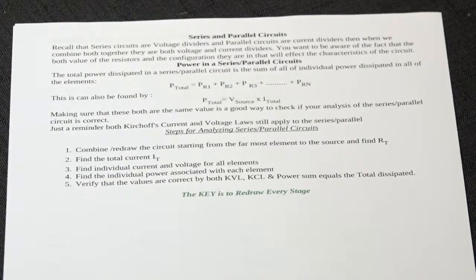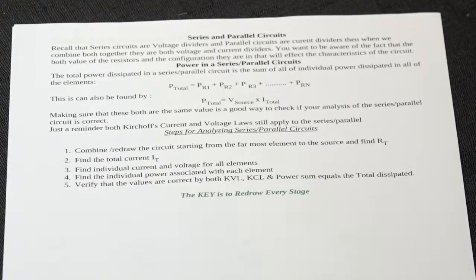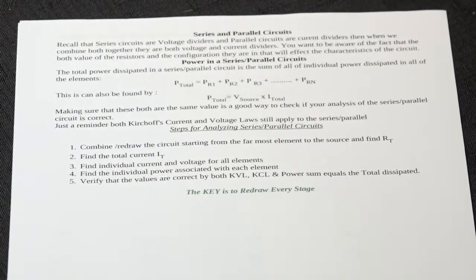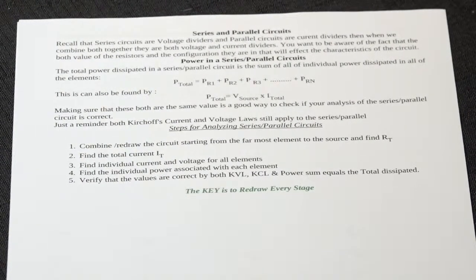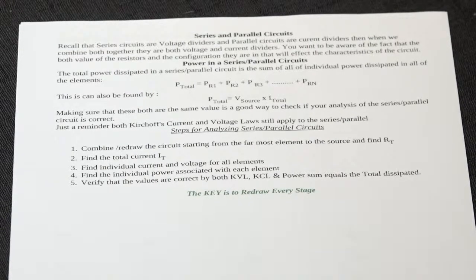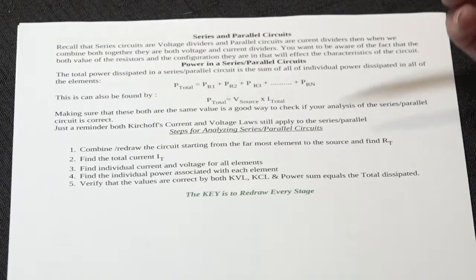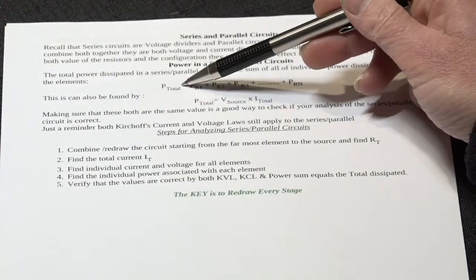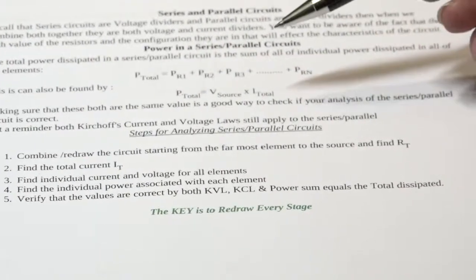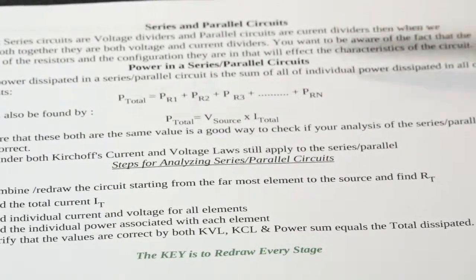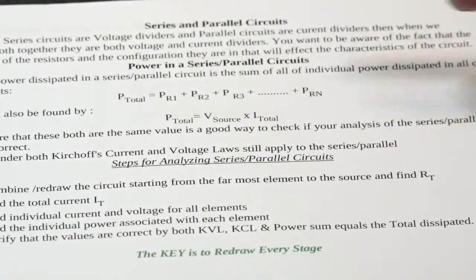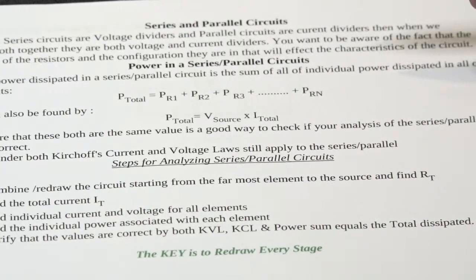Now, our key saving grace is, one, Ohm's law still applies, so that's good. And note also, when it comes to calculating the total power of the circuit, remember in a series circuit, we could simply find the power in everything, make sure it equals total power, we're good.